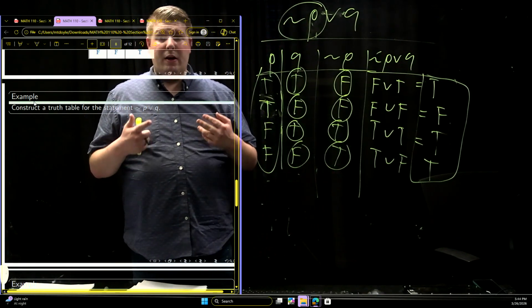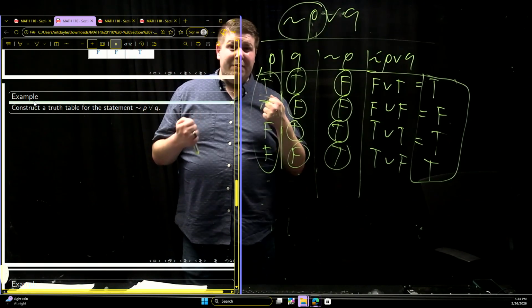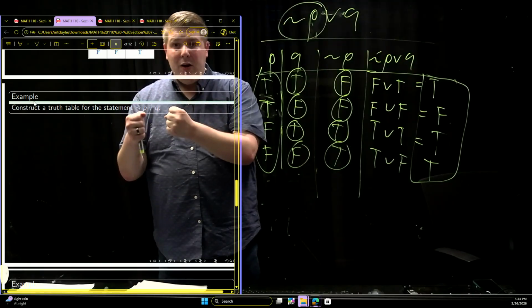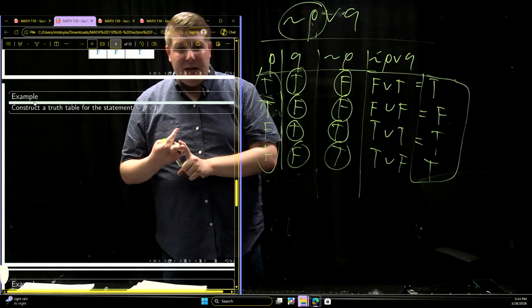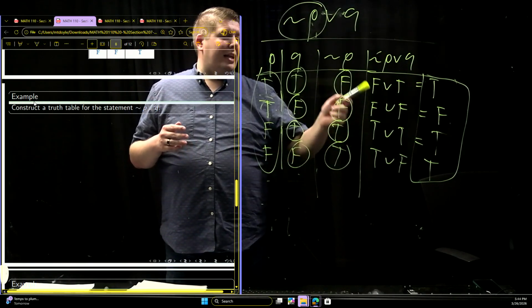So think about it. All we worked with is the symbols here. We didn't even give the symbols any meaning. So what this means is no matter what meaning we give to these symbols, no matter what we make P or what we make Q, that's the statement.